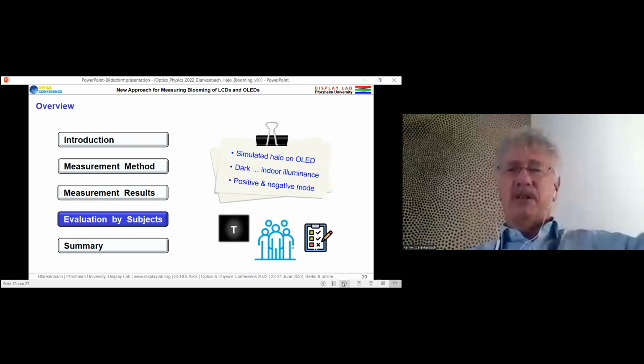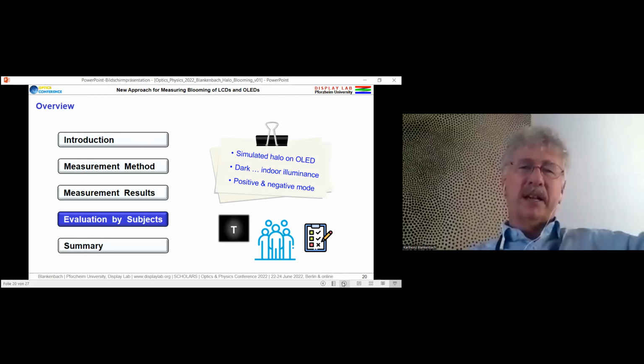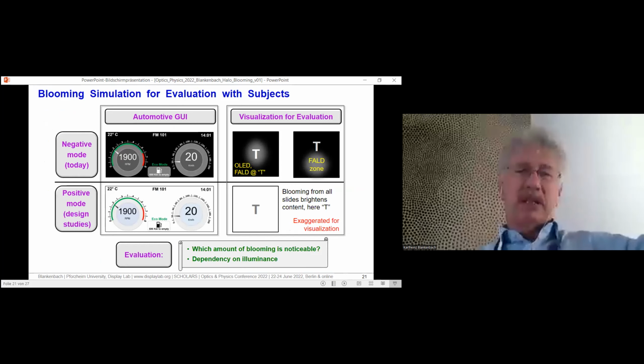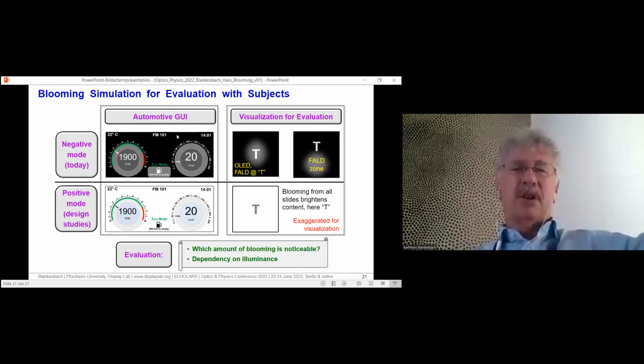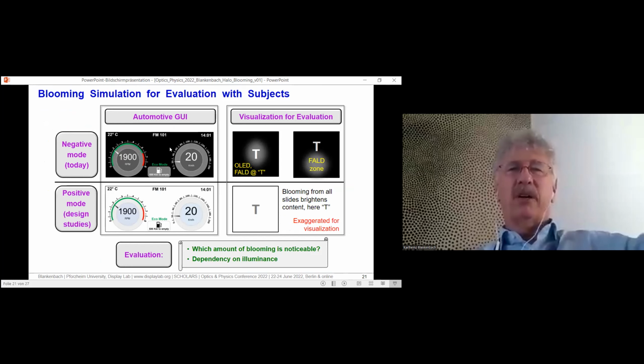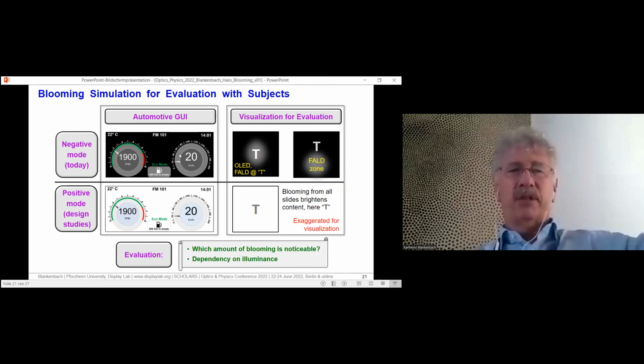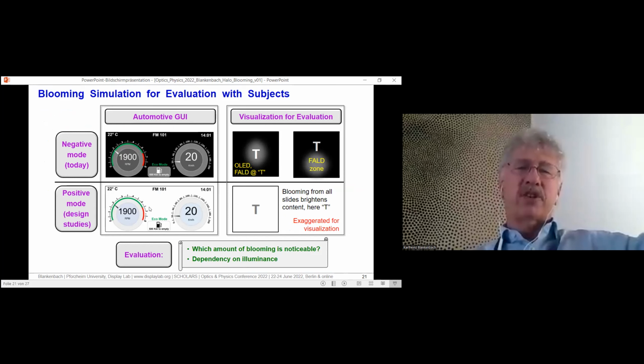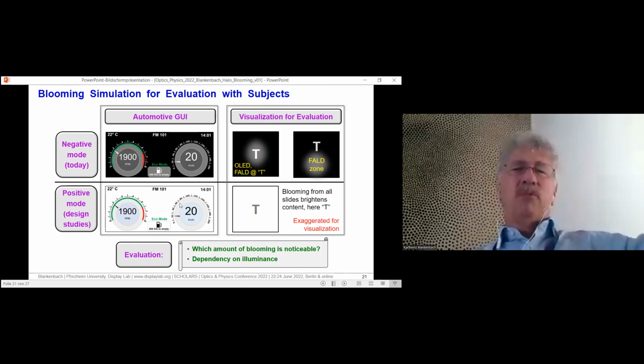However, we wanted to know if we could really evaluate this halo by subjects as well. Why is it important? First of all, for the traditional negative mode GUI, what we have in cars today, and there are some design studies of automotive car manufacturers to have a favorable so-called positive mode. What is the effect?